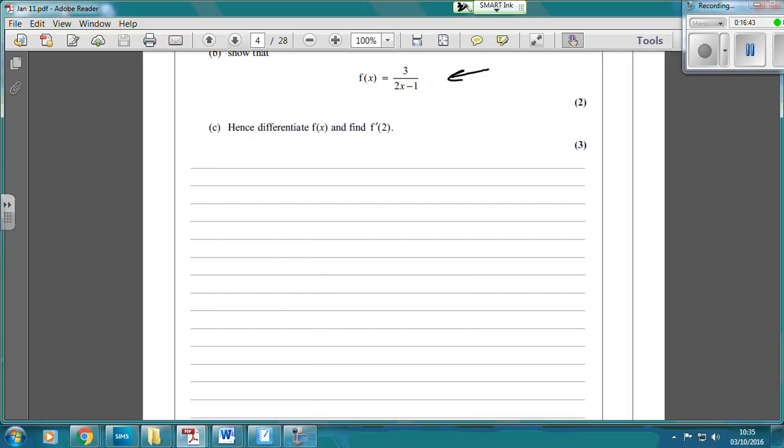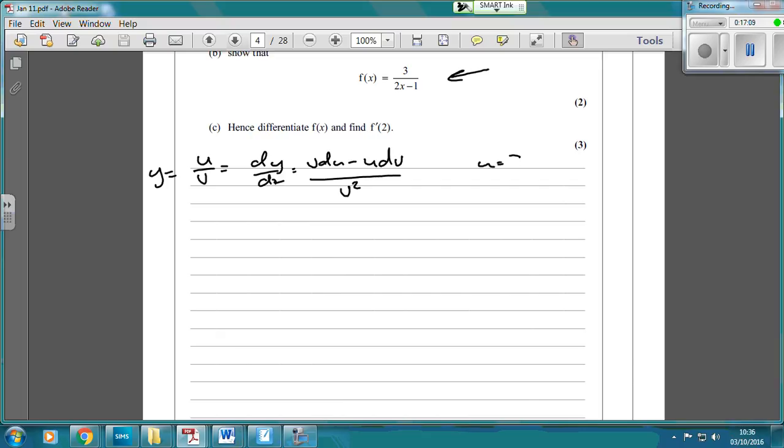That's the one that you're going to be doing next. If you have u over v, so if y equals this, dy by dx equals v du minus u dv all over v squared.